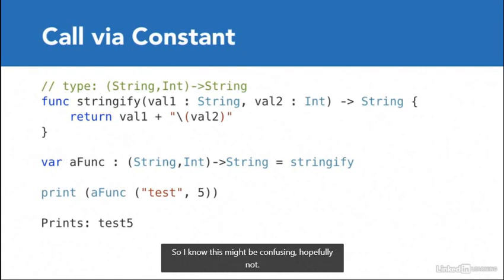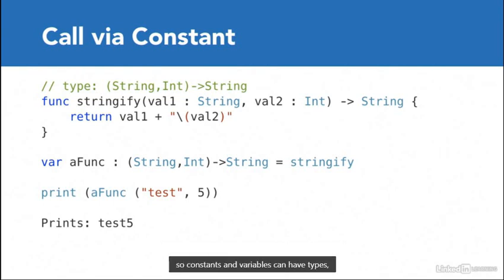So I know this might be confusing, hopefully not. Hopefully you can think about it for a few seconds and you'll understand that functions have types. So constants and variables can have types. They can be assigned to things of that type. And in this case, our afunc has a type of string int returns string, which is what stringify is, so it can be assigned that.